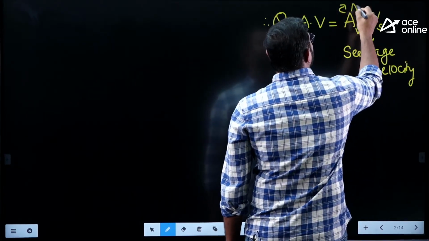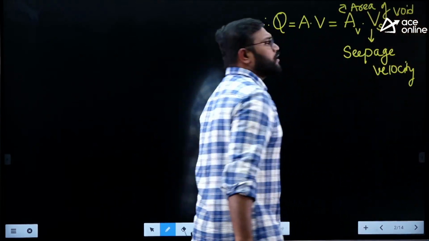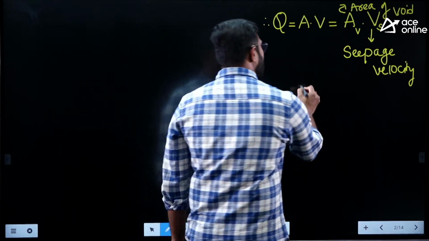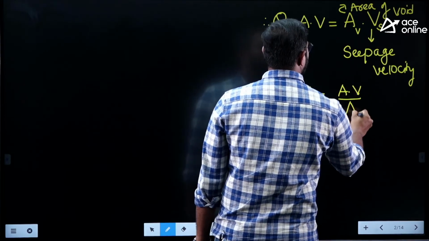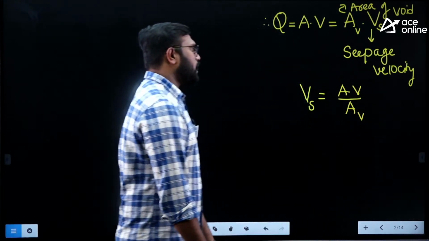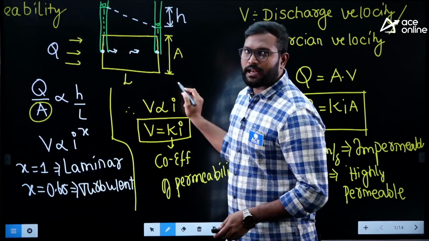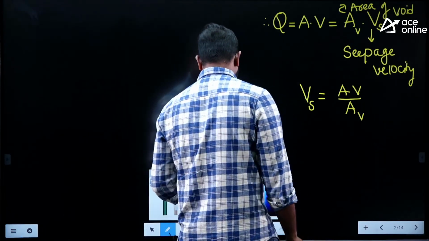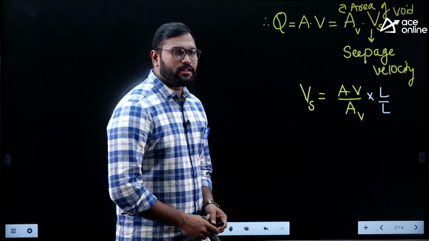And this is the area of voids, right? Now what we do is rearrange the terms such that the seepage velocity is equal to area into velocity by area of voids. Now whatever soil we see must have a certain length, L. Multiply and divide with that length.